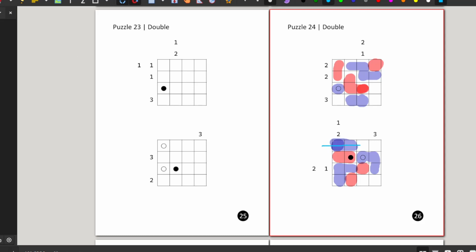What is wrong with this and this? It doesn't cause any problems with the other clues.